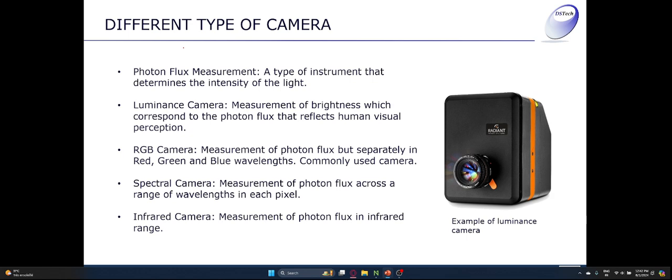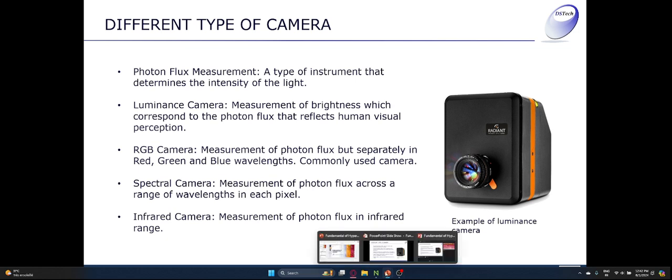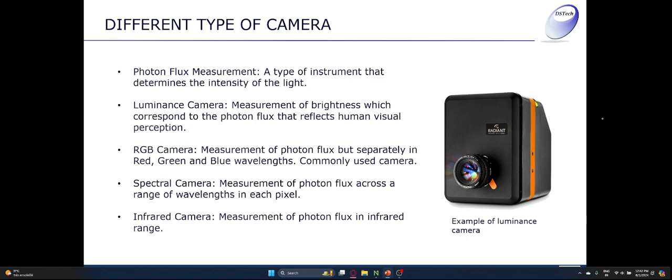But instead of capturing the colors, it captures all the light and calculates the intensity of light. There's also a luminance camera, which works the same as a lux meter, but it actually looks at photons lux, which corresponds to human vision. So it's a bit different from a normal camera, but also a bit different from a lux meter.